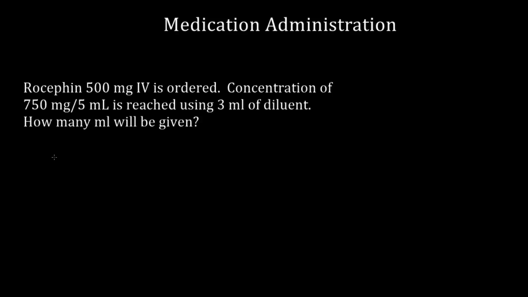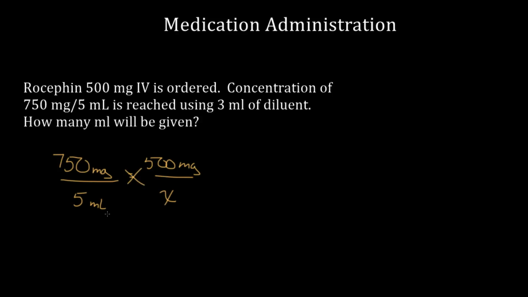Okay, so we know that the drug on hand is 750 milligrams, divided by what's available, which is 5 milliliters. We set this equal to what the doctor has ordered. He has ordered 500 milligrams, and we want to find out how much we are going to give, so we let that equal x.